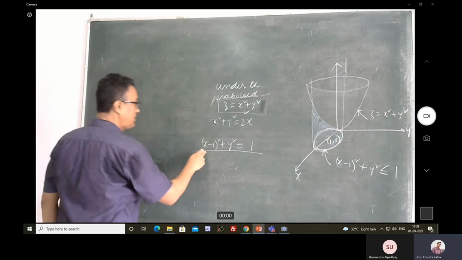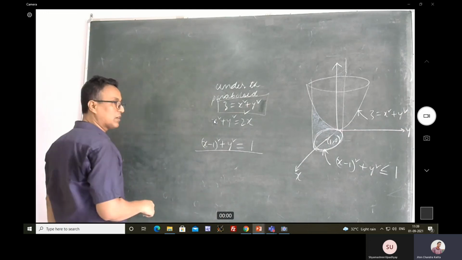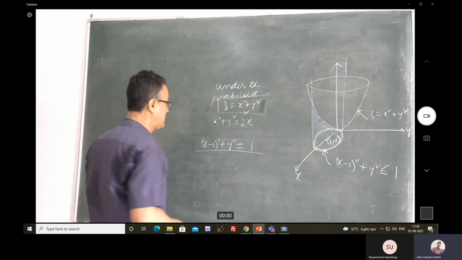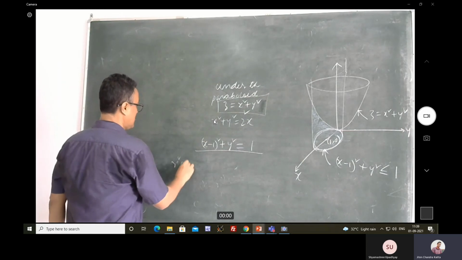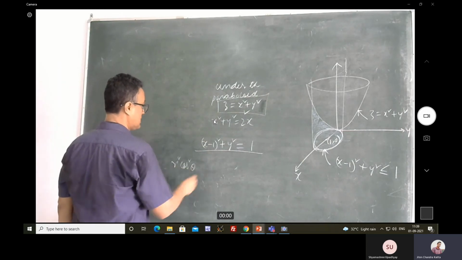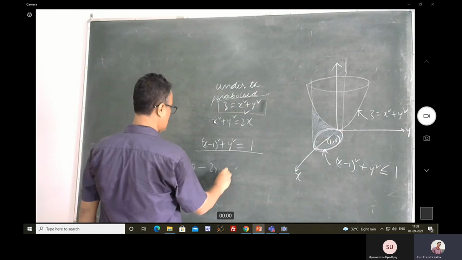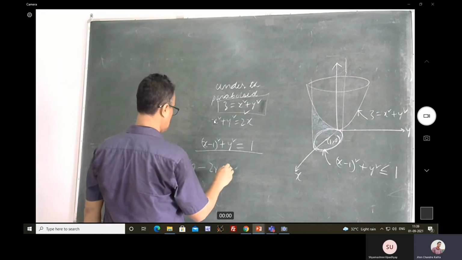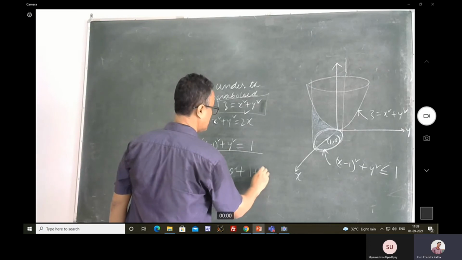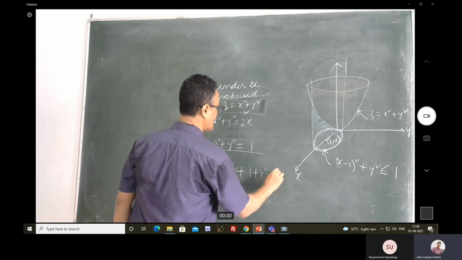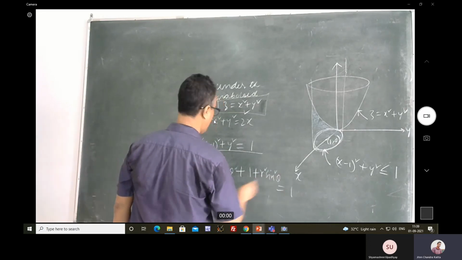So here, if I plug in x equal to r cos theta and y equal to r sin theta, then you will see that this is going to give me r squared cos squared theta minus 2r cos theta plus 1 plus r squared sin squared theta, and this is equal to 1.